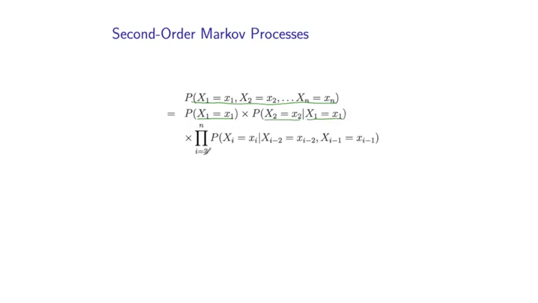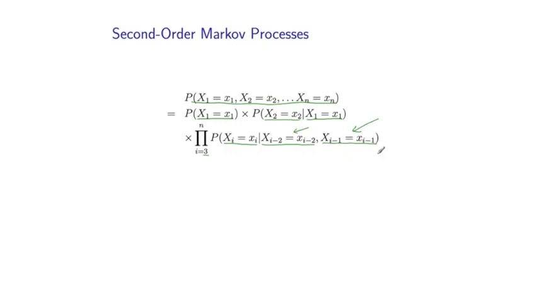But then for elements further along in the sequence, i equals 3 to n, the value for the ith random variable depends on the previous two random variables. Remember, in a first-order Markov process, we would have had this term alone being conditioned on. We now also add the term two positions back.